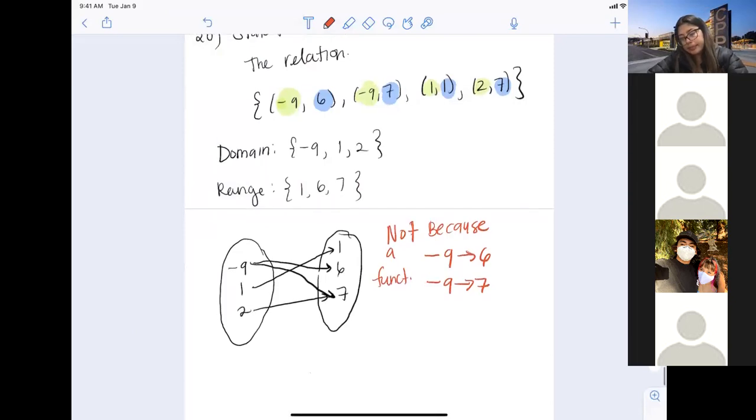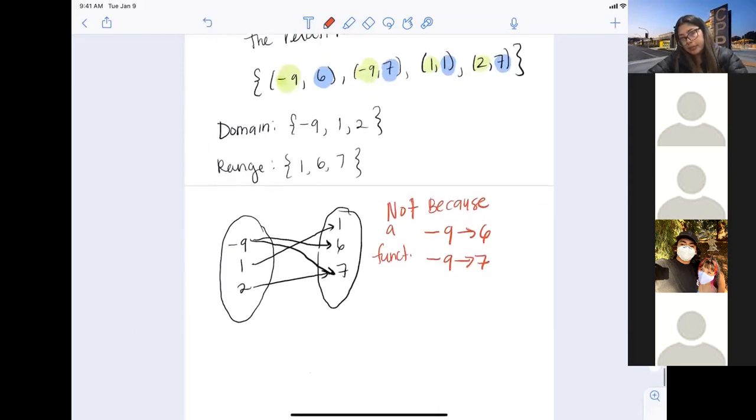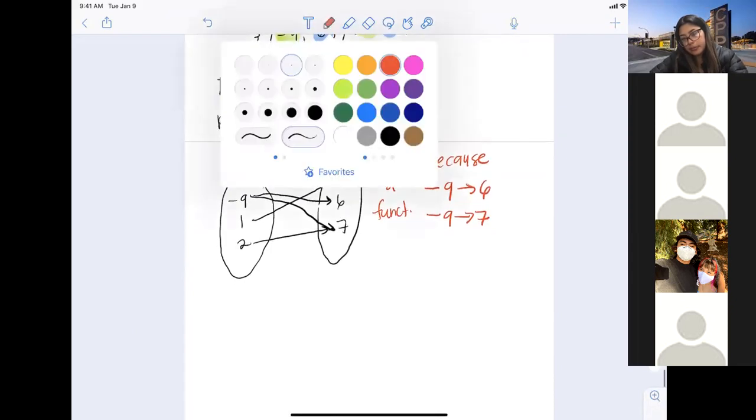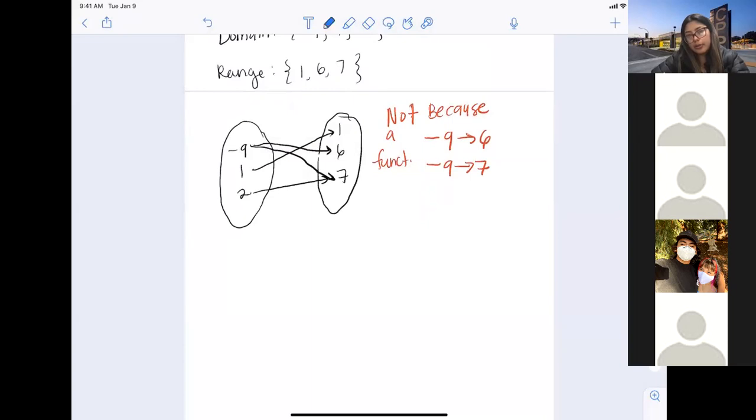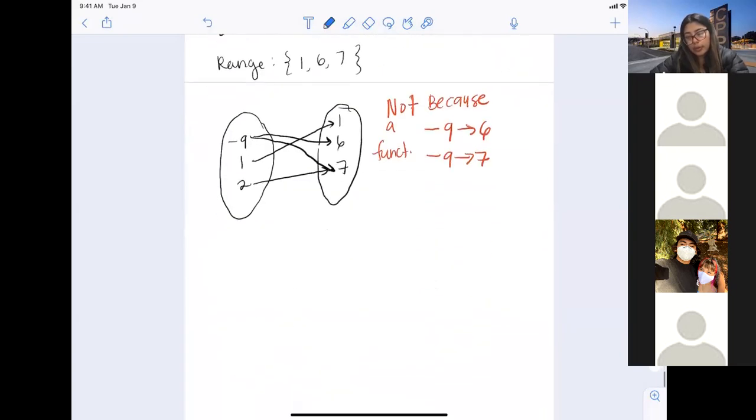Next up, we are looking at question 21. For question 21, we want to find the domain of the equation. This is all chapter 3.